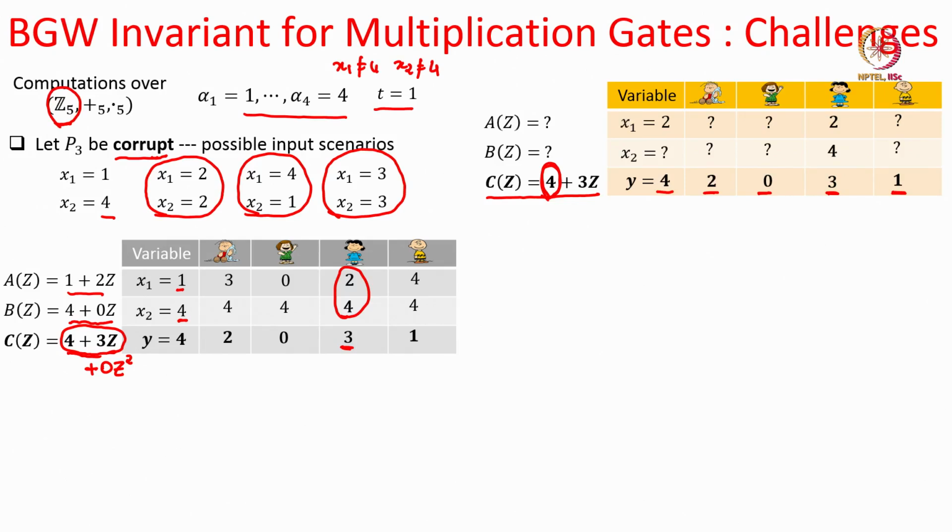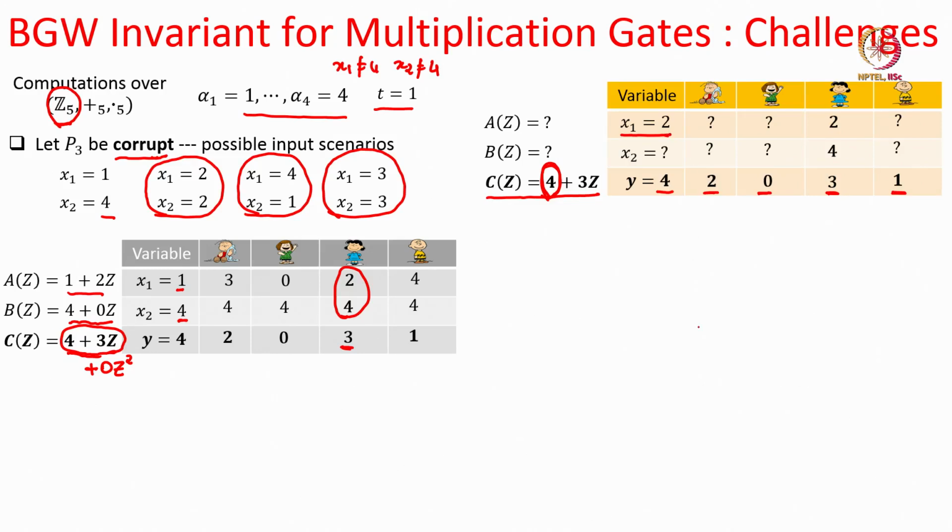Okay. So, for instance, suppose the corrupt P 3 makes the hypothesis: is it possible that P1's input was 2.